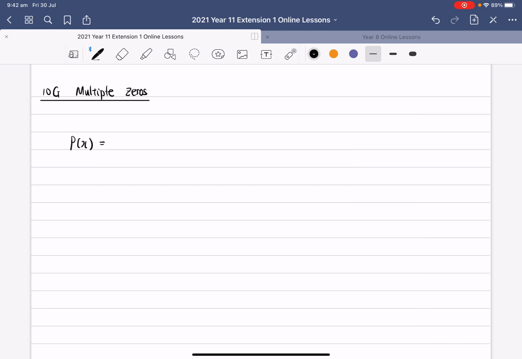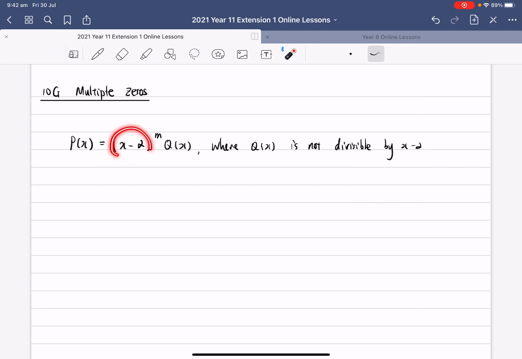All right, so firstly, let's write down a polynomial function that has multiple roots. In that case, we can write p of x equals x minus alpha to the power of m times q of x, where q of x is not divisible by x minus alpha. If you look at this expression, clearly x minus alpha is a factor, so x equals alpha is a root.